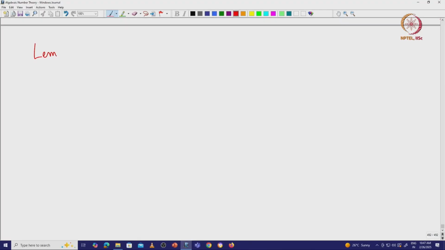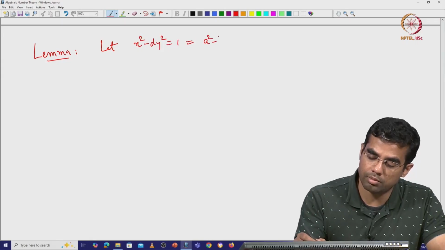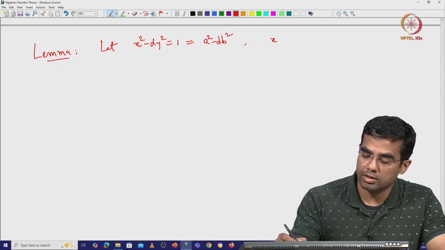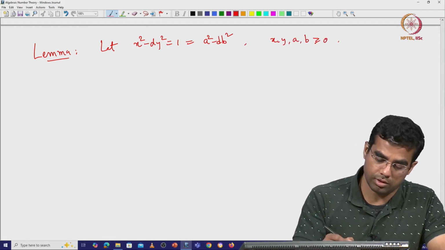So, we were in the middle of proving the following lemma. Let x square minus d y square equals 1 equals a square minus d b square, where x, y, a, b are all greater than or equal to 0.